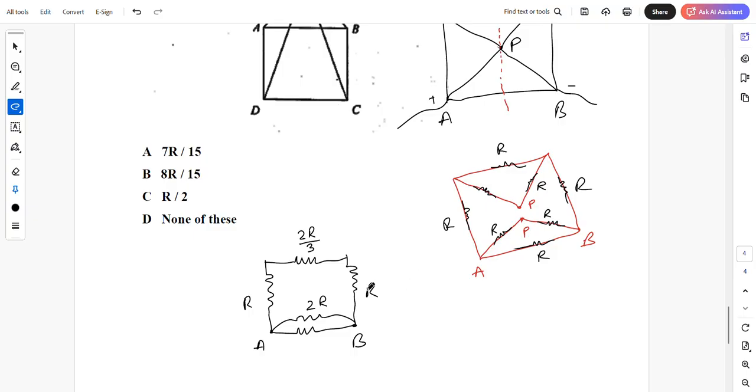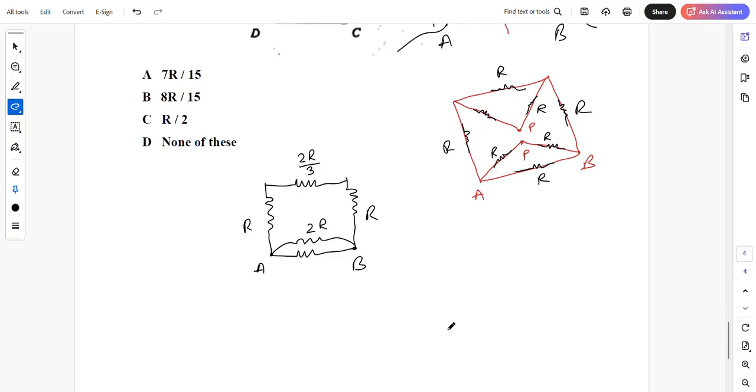Now what happens? R plus R, 2R in parallel with 2R, how much?